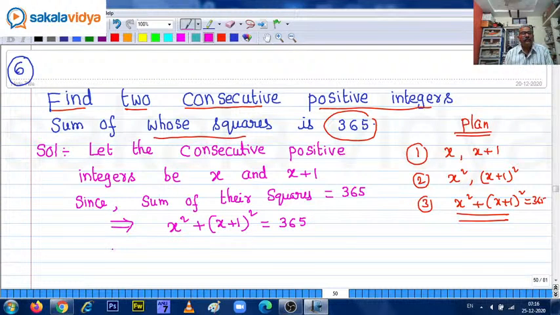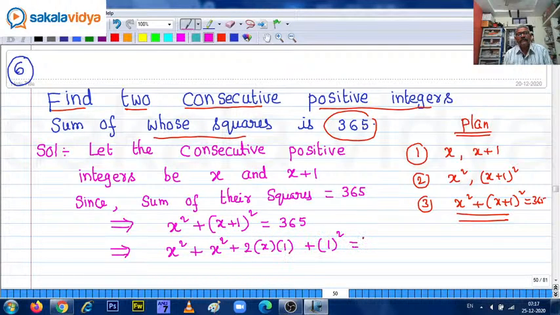So now x plus 1 whole square uses the a plus b whole square formula: a square plus 2ab plus b square. So x square plus 2 into x into 1, that is 2x, plus 1 square, equals 365.